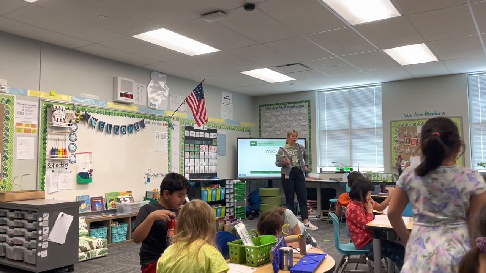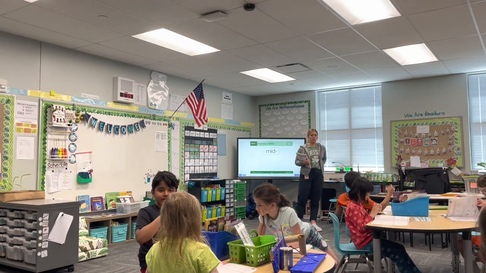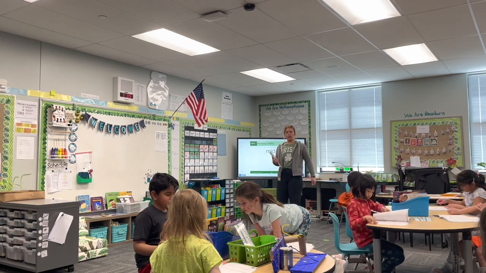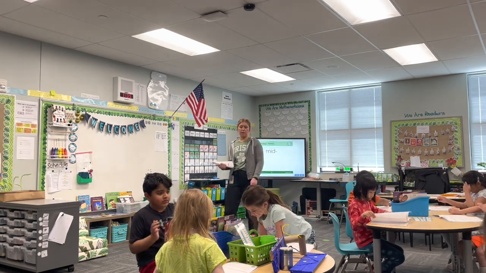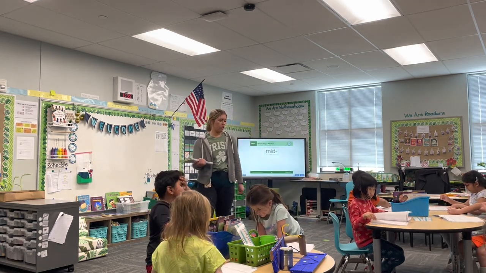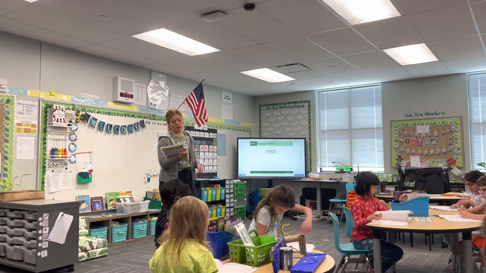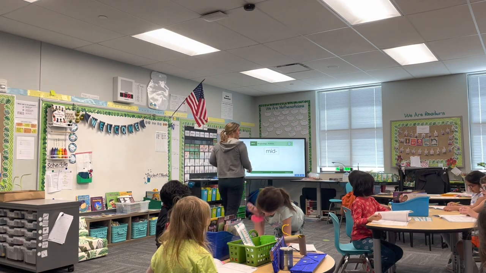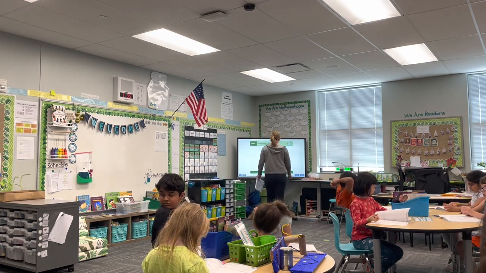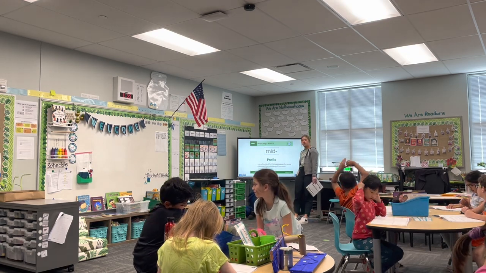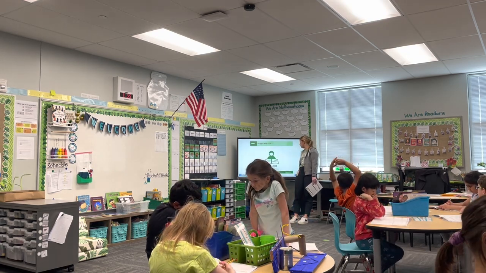A word and the letters are at the beginning. Okay, so a prefix goes at the beginning of the word and it changes the meaning. So mid is going to go at the beginning. So prefix added to the beginning changes the word.